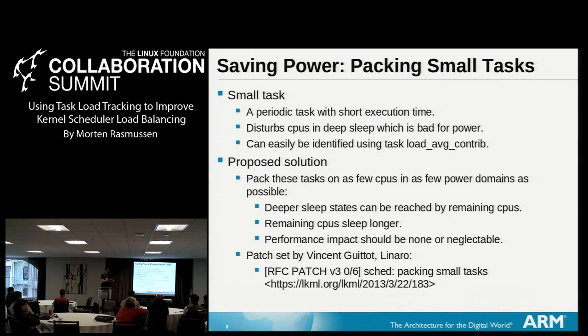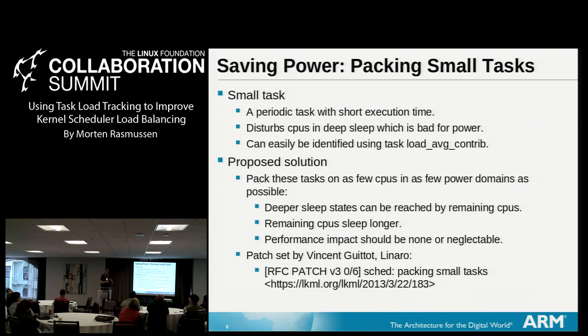It will never get very high, and it is a type of task that will disturb our sleep quite a lot if we have an idling system, because if we don't take care of it, it might wake up on any CPU, and at least on ARM systems we have sleep states where we need multiple cores to be sleeping to enter an even deeper sleep state.